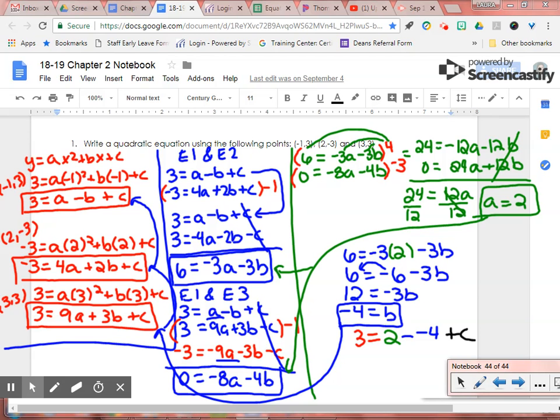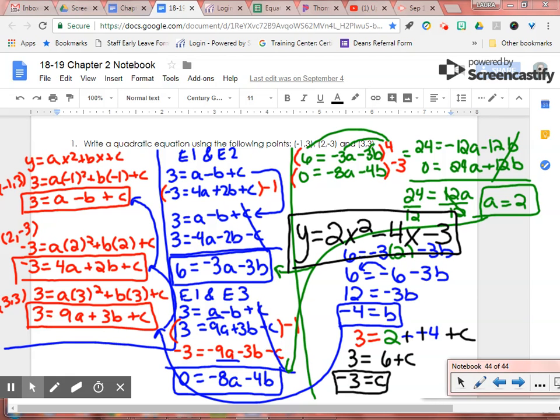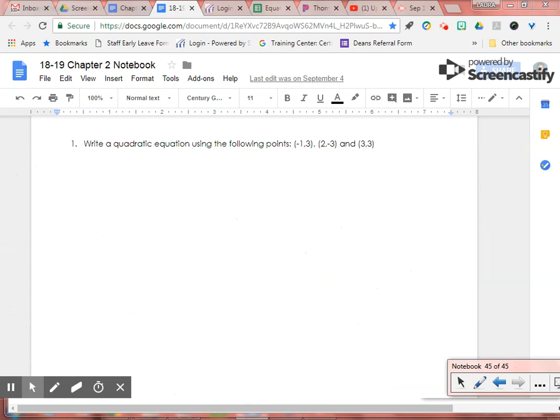Okay, so as we simplify this, we get 3 equals, this becomes plus plus, 6 plus c, so negative 3 is equal to c. So now we have the 3 important parts to this, and we can write our final equation, which is y equals ax squared, so 2x squared, plus bx, so minus 4x, plus c, minus 3. And that's your final equation for this. So you just have to take it really slow and go step by step by step of that. And you'll be good to go.